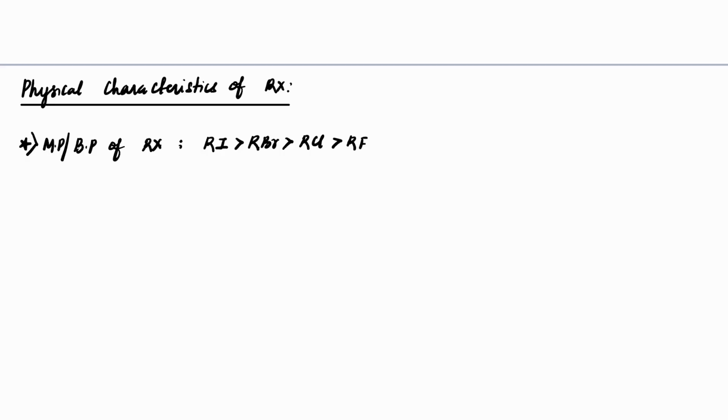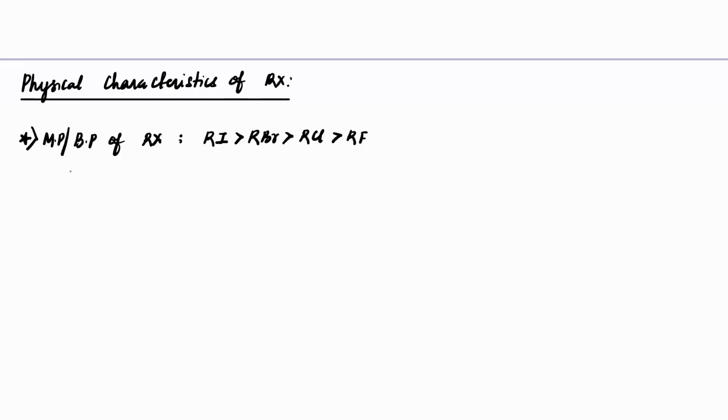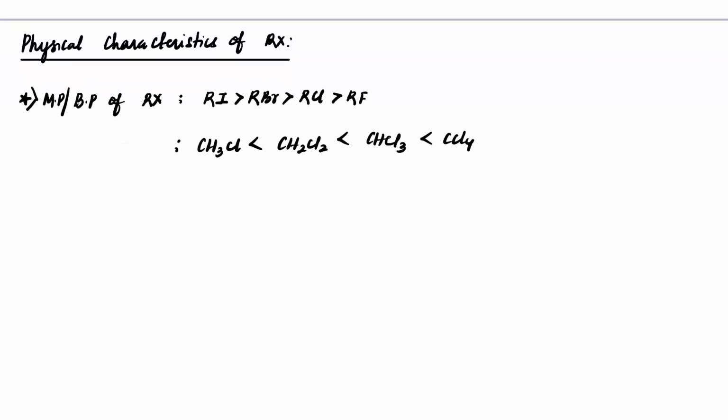Got it? And next, just for the sake of information, if you compare boiling point or melting point for the number of halogens, CH3Cl, CH2Cl2, CHCl3 and CCl4, as the number of halogens increases, the boiling point and melting point increase.